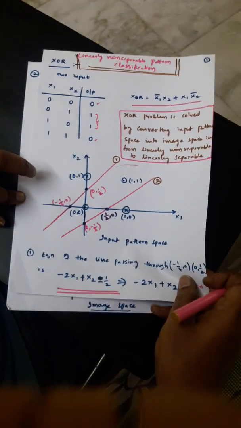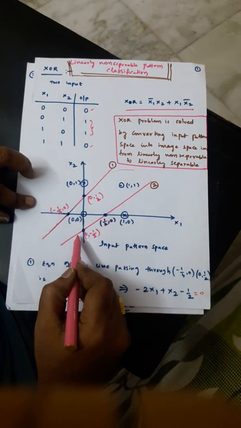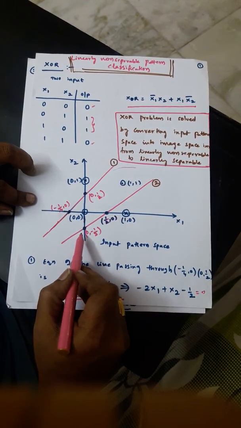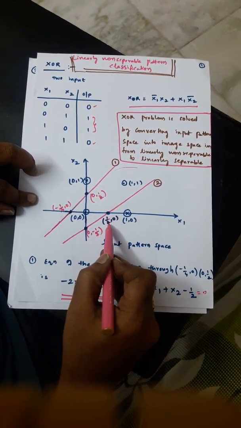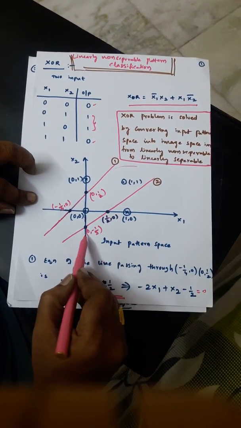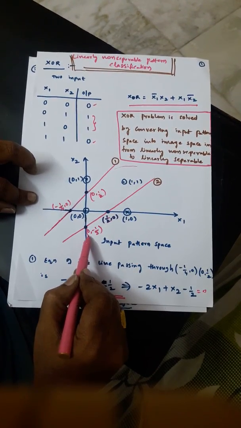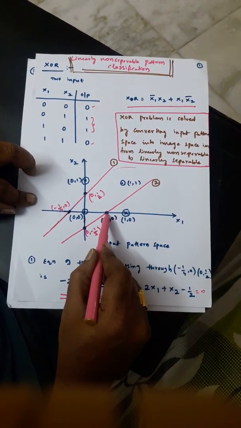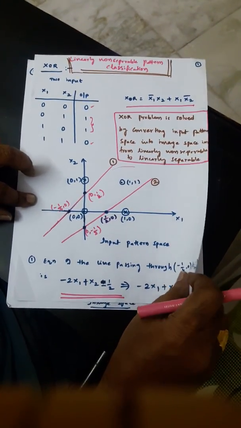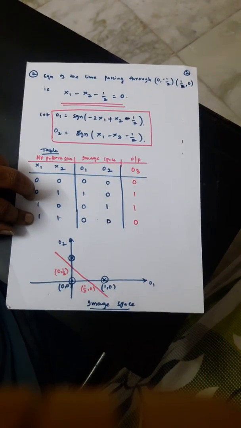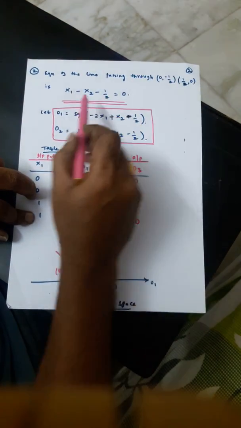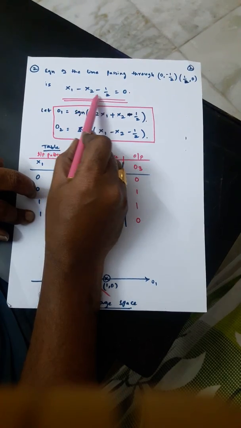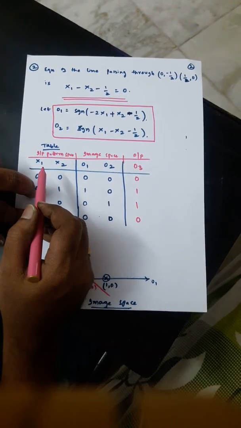Next, the equation of the second line, which is passing through the points 0, minus 1 by 2 and 1 by 2, 0. What is the equation of the line passing through 0, minus 1 by 2 and 1 by 2, 0? It is nothing but x1 minus x2 minus 1 by 2 equal to 0.